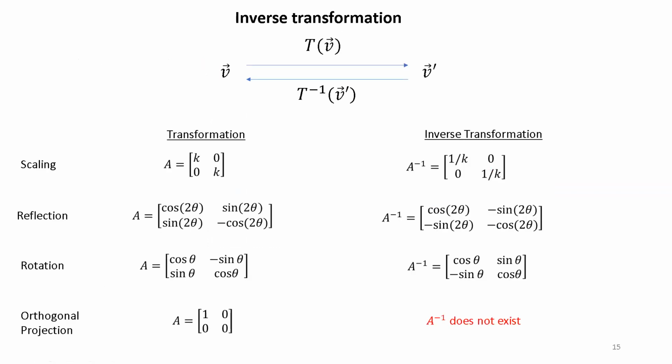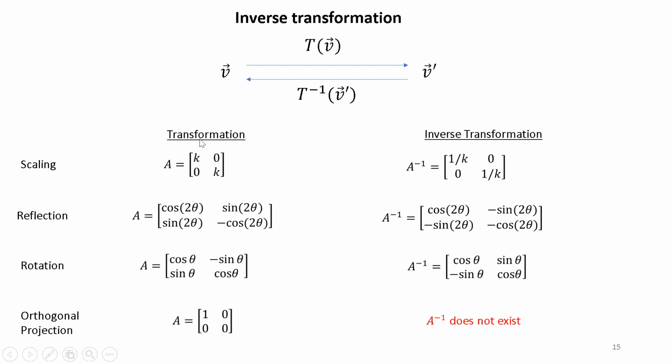Okay. So then if we can do transformations, then we can undo them. That would be called the inverse transformation. So from V, I apply this transformation T to get to V prime, and then I apply this T inverse on this V prime to give me back V. And to do that, basically what we do is use an inverse matrix.